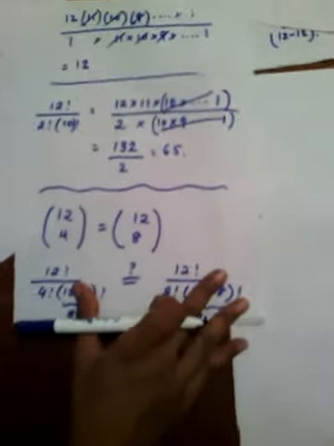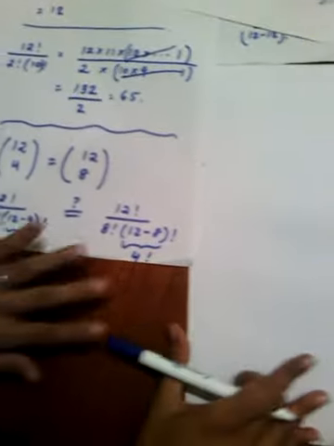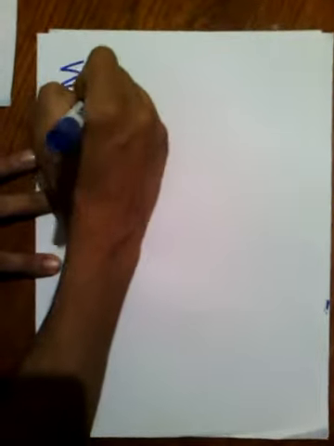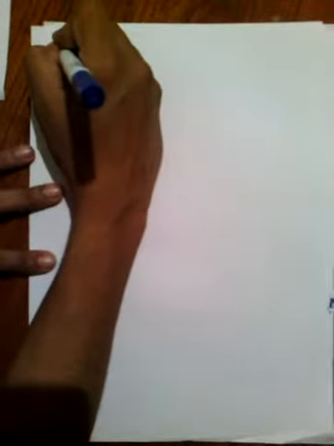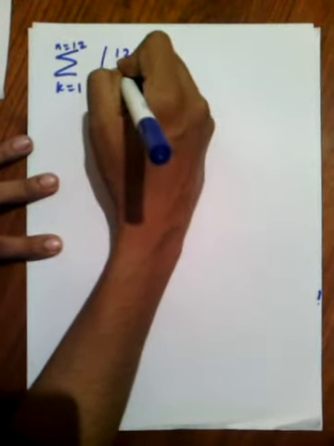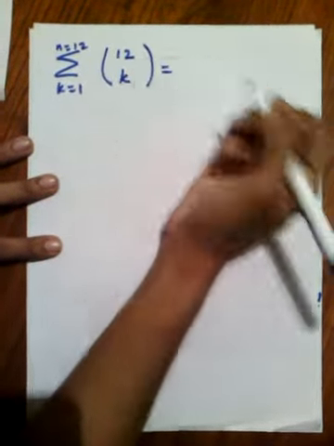So you just take a look at this and see that ultimately we are left with the following. We are left with the sum over k from 1 to 12, n is equal to 12, right? And what is that equal to?